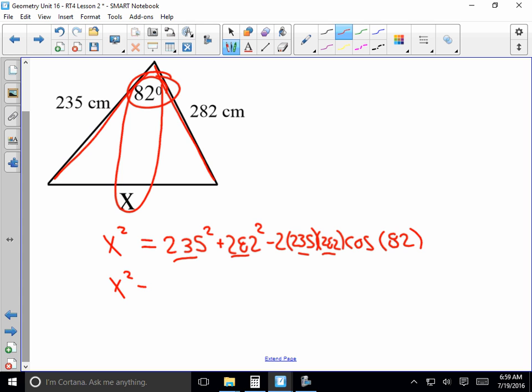I'm going to go through this one a little bit quicker. 235 squared plus 282 squared minus 2 times 235 times 282 times the cosine of 82. I'm typing this in all in one long string, and I get a fairly large answer here.